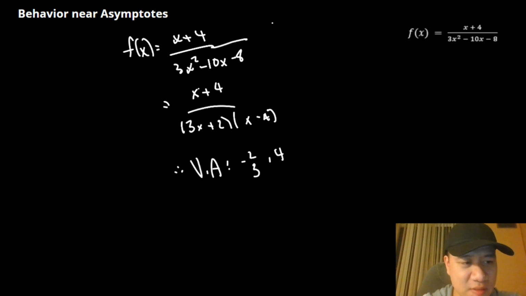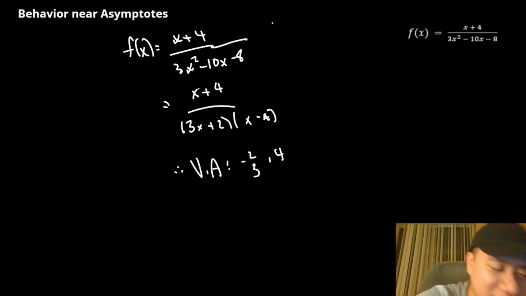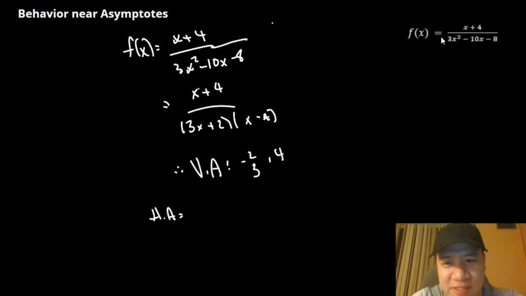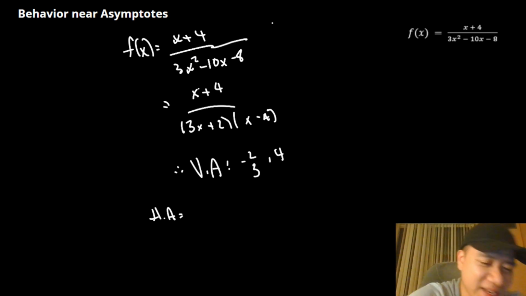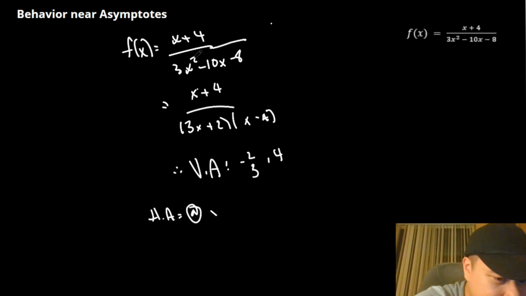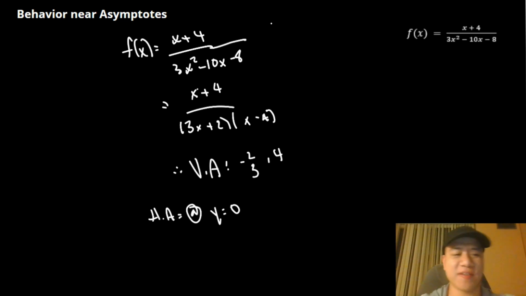Sweet. So for our HA, let's just get our asymptotes. Since the degree of the top is 1 and the degree of the bottom is 2, our HA is going to be at 0. Nice.